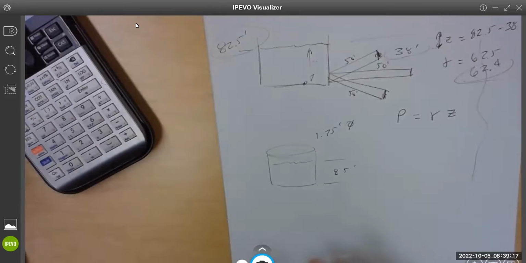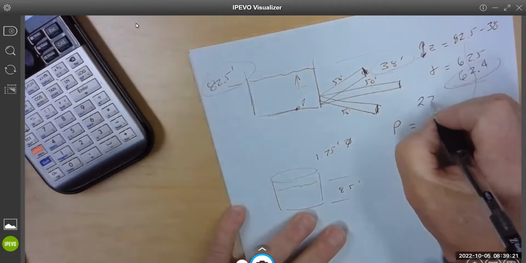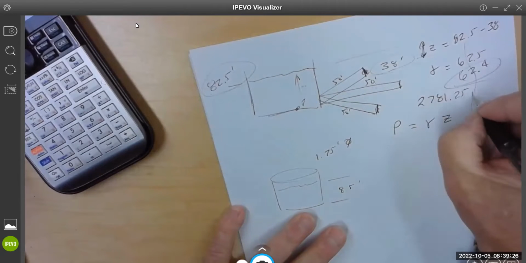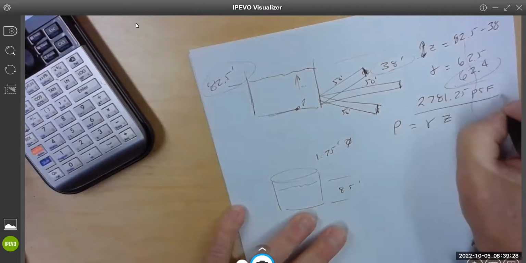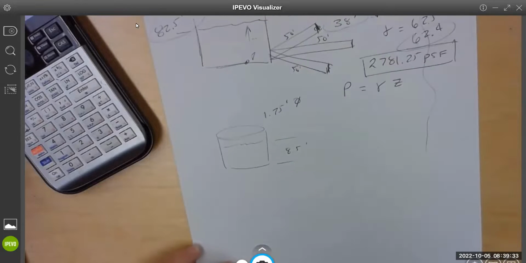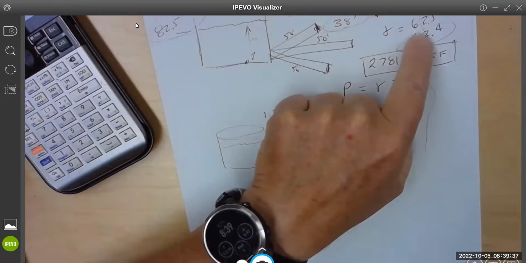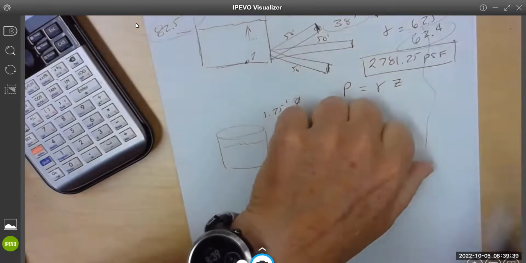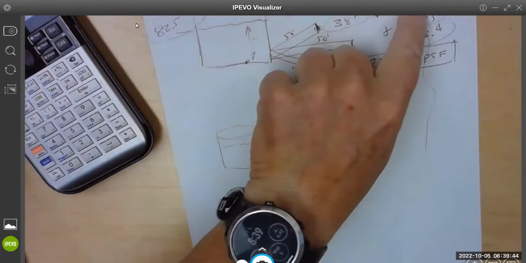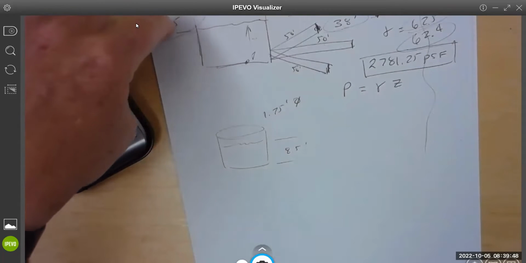Anyway, what'd you get for your number, Brian? 2,781.25. 2781. And that is PSF. We're doing number 3. 2781, and that's if you used what? 62.5. So the elevation is going to be 82.5 minus the 38, right? Because the top elevation is 82.5.